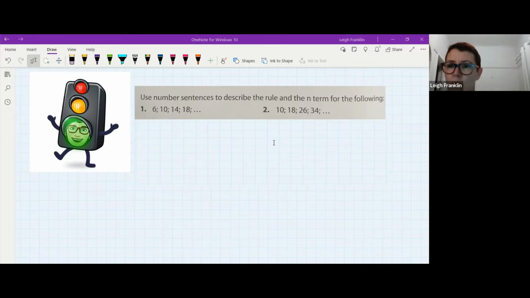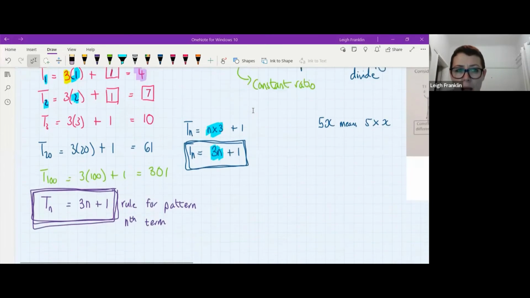Okay, Bootley, are you done? No, ma'am, I'm just a bit confused on question 1. What's confusing you? Ma'am, I'm confused with how to get to the next number for number 2. You don't have to get to the next number. What I want you to do is make the nth term for the pattern, just like we were talking about up over here.